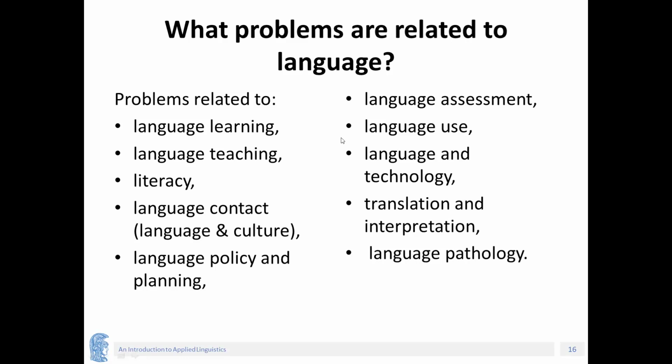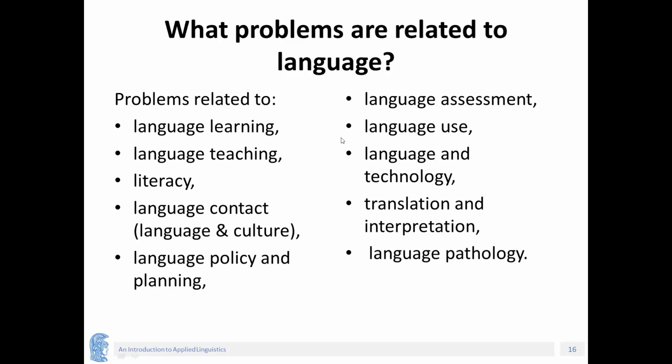And then language contact. Language always gets connected to culture. When language and culture mix, there are problems. Language policy and planning. Each and every country of the world has language policies and language planning, and some of them are problematic.